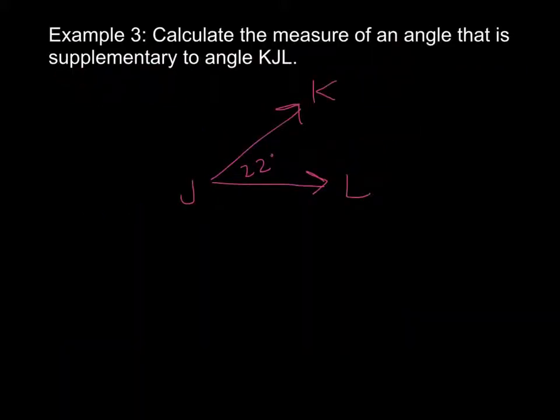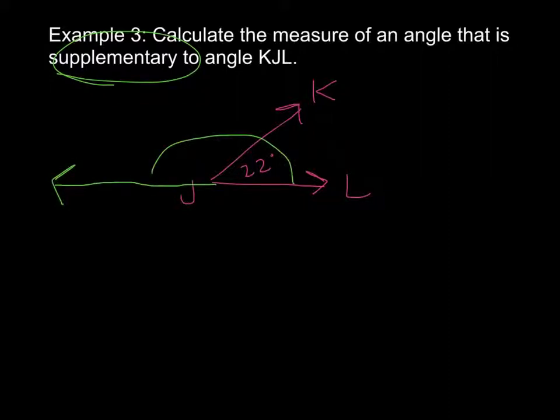Example 3 says to calculate the measure of an angle that is supplementary to angle KJL. So remember, supplementary would be two angles side by side that would add up to 180. So we can set up the equation 180 equals 22 plus x.